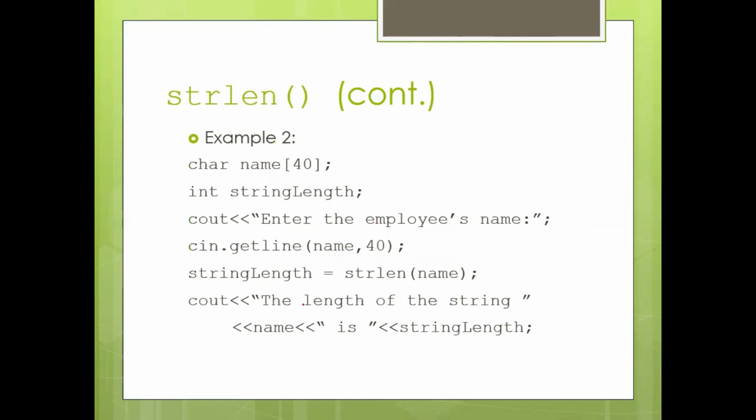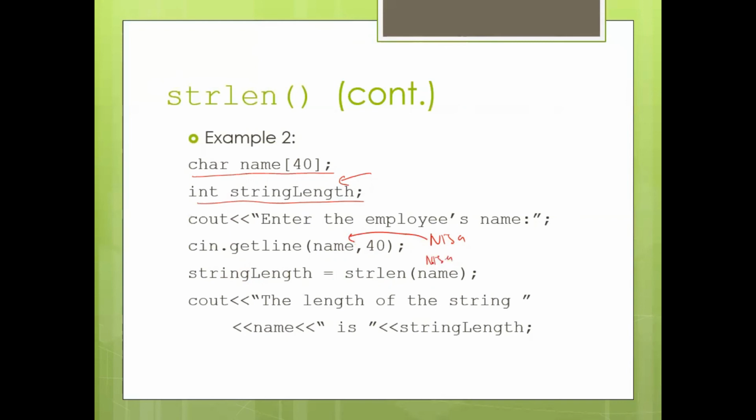Okay, so ni contoh dia. Ni contoh coding lah. Okay, declare char name[40], integer stringLength, sebab kita nak keluarkan length untuk name yang user masukkan. Tak kisah dia masukkan nama apa-apa pun. Okay, enter the employee name, cin.getline(name, 40). Contoh saya masukkan Nisa. Okay, so stringLength equal strlen(name). Name saya tadi, okay, adalah Nisa.